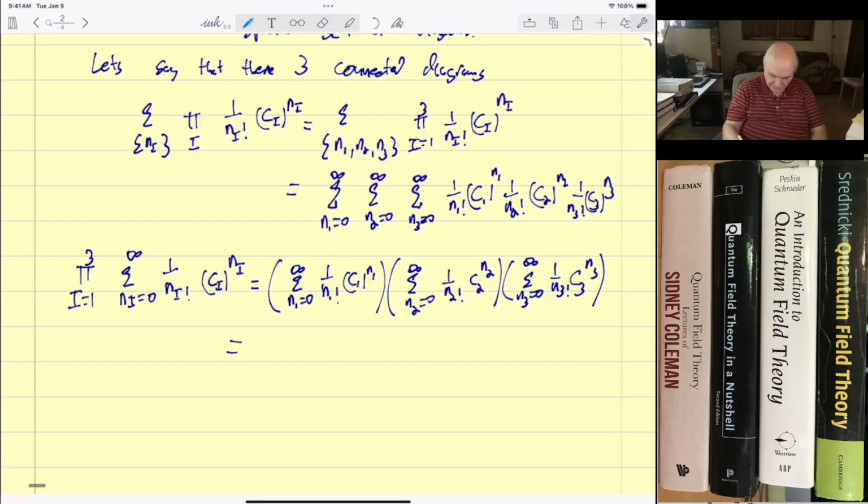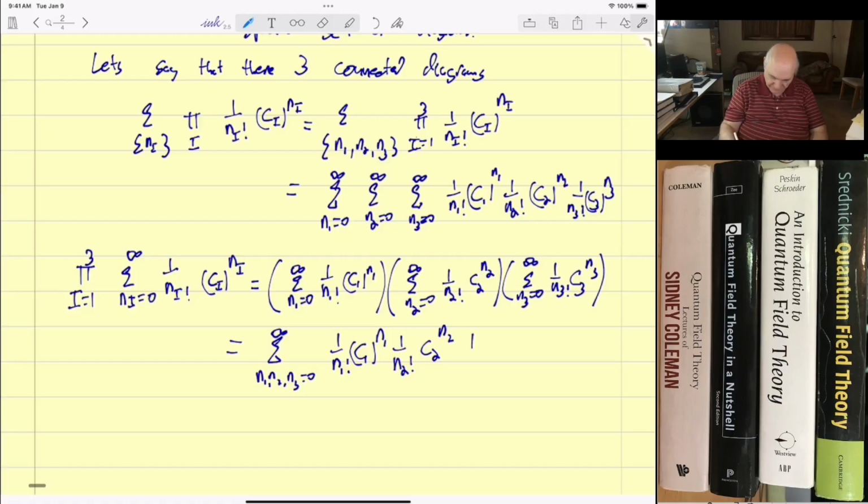So this is just the sum from n1, n2, n3 equals 0 to infinity of 1 over n1 factorial. We take one from here, c1 to the n1, 1 over n2 factorial, c2 to the n2, and 1 over n3 factorial, c3 to the n3.